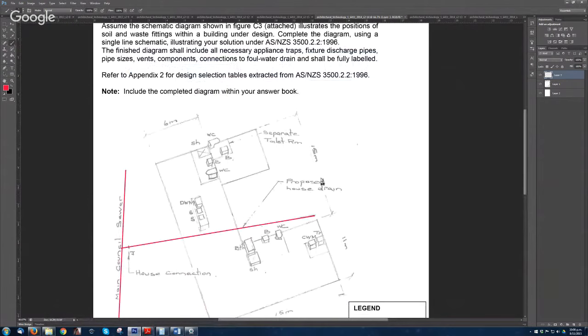You just look at the table, and then like for the toilet it's going to be 80 by 4. That's usually for all the toilets. And like bath, that's 40 by 4, I think. So you just add that everywhere. Just make sure you check the table.